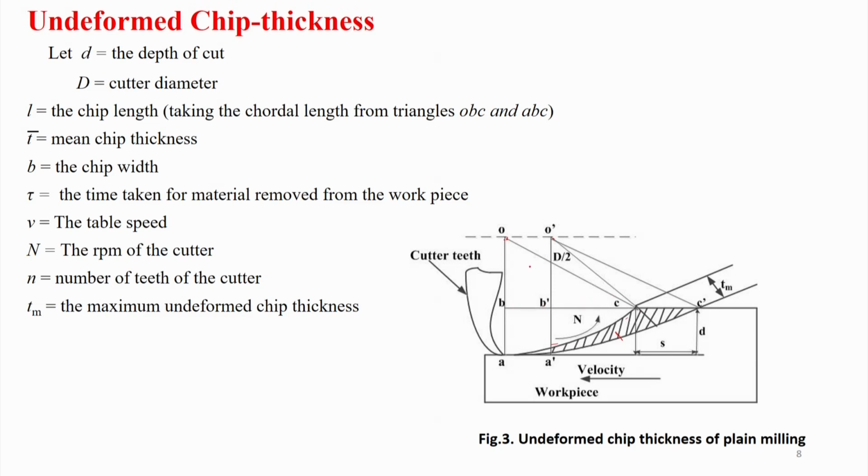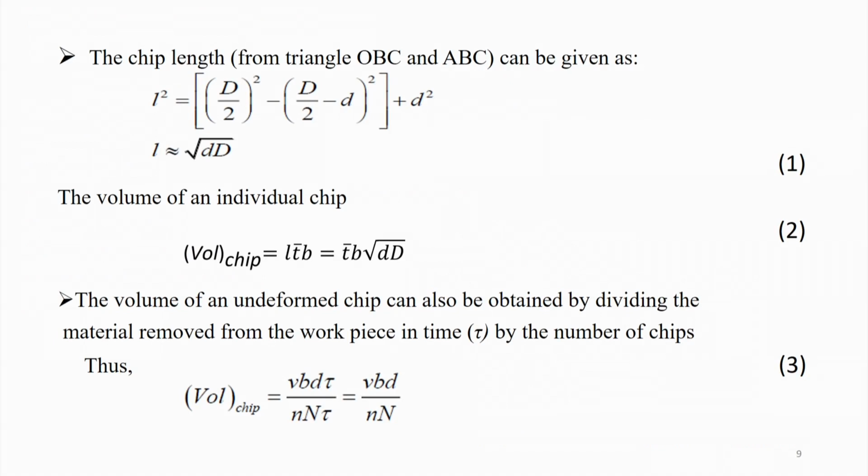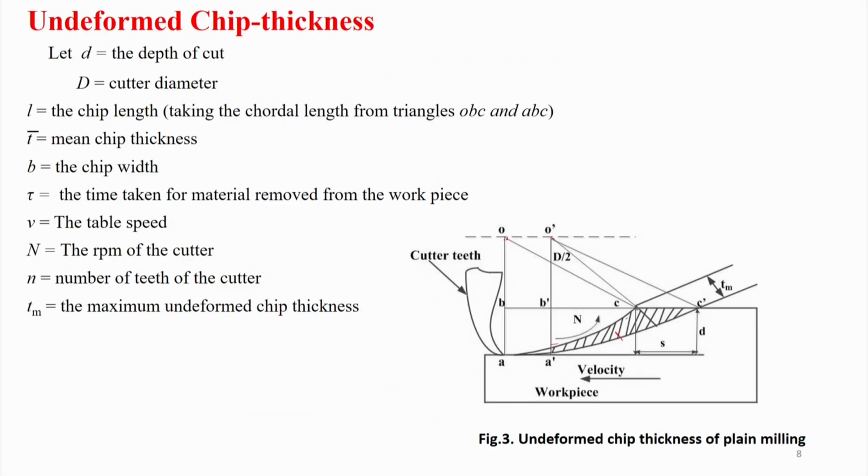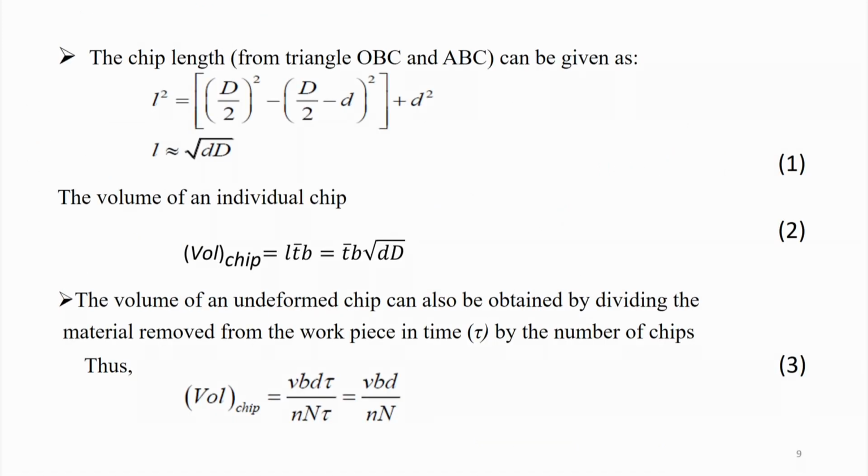Suppose I say D by 2, and OB, this distance, is actually D by 2 minus d. So, if I want to find this distance, BC, from here to here, let me show it in a thicker way, this one. I have to subtract from D by 2 square, by Pythagoras theorem, D by 2 minus d square. That is what is written here: D by 2 square minus D by 2 minus d square.